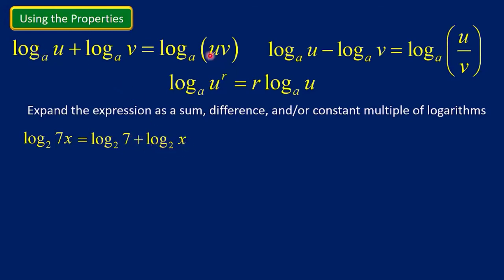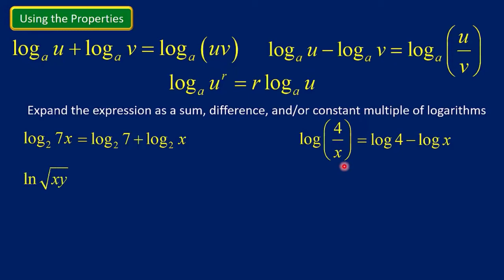Okay, using this property. We've got log base 10, this is a common log, of 4 over x. So we want to use this property, right? Because if we've got log of something, u over v, we can write it this way. So we just break it apart that way.